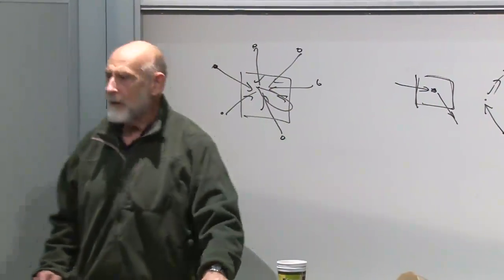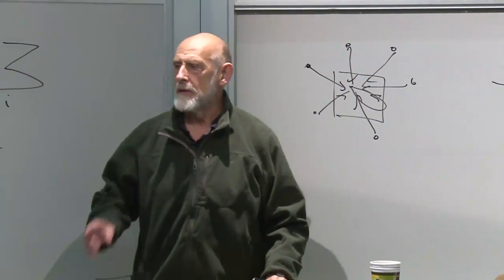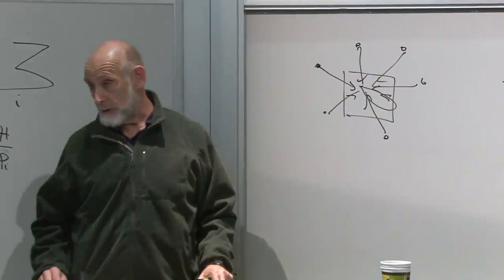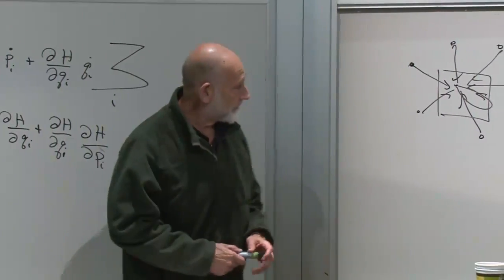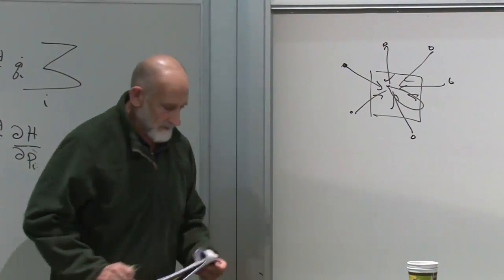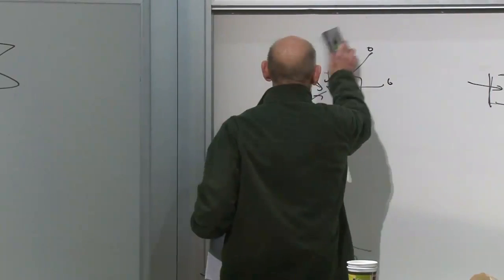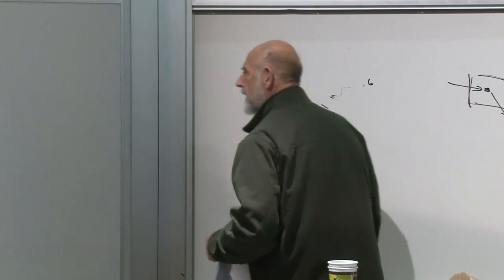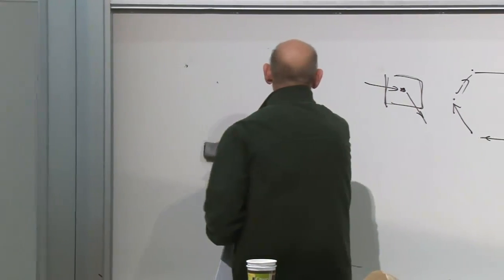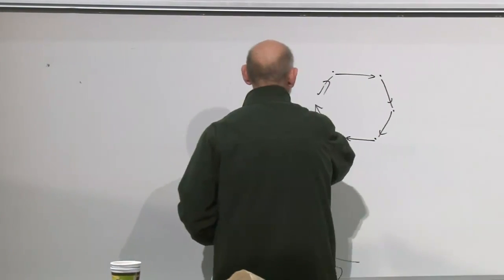Just to clarify, are the V's P dot and Q dot? Yes, the V's are P dots and Q dots. Right. So we line up all the P dots and Q dots. Let's think of our velocity vector. Well, I'll tell you what, let's start with just the case with one P and one Q, and then generalize it to any number of P's and Q's.